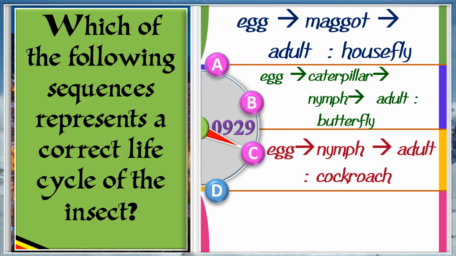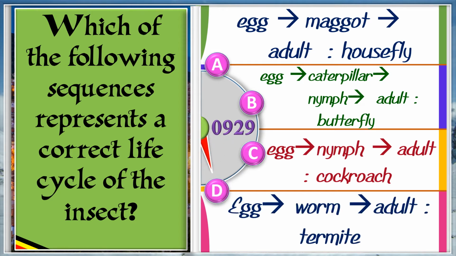C. Egg, nymph to adult, that is in a cockroach. D. Egg to worm to adult, that is in termite. And the answer is C. Egg to nymph to adult, that is in cockroach.